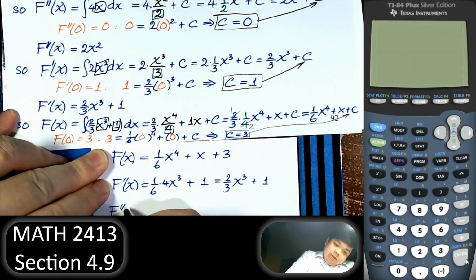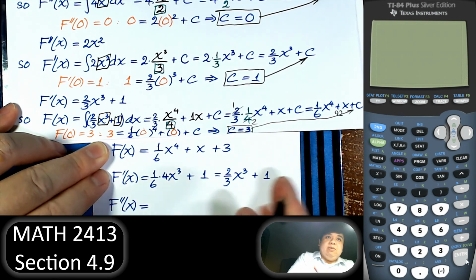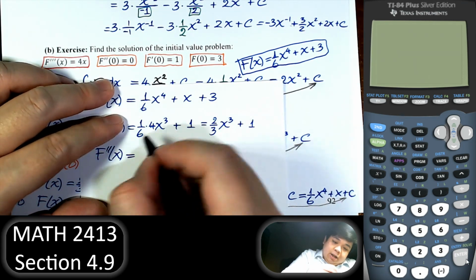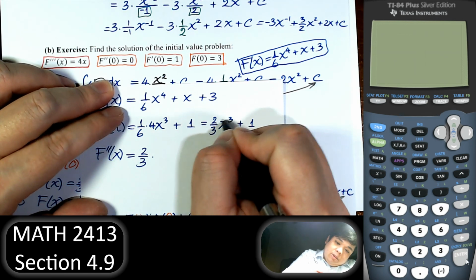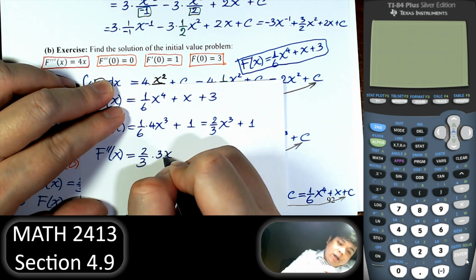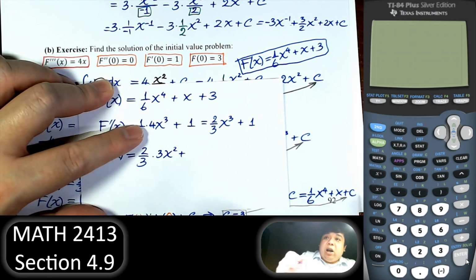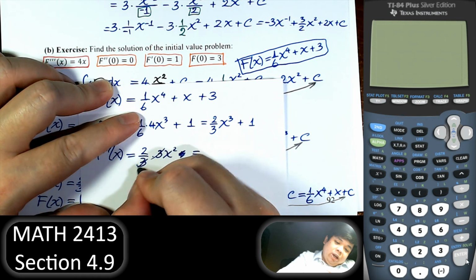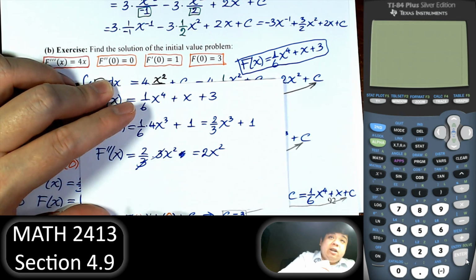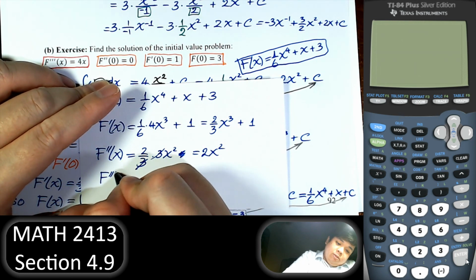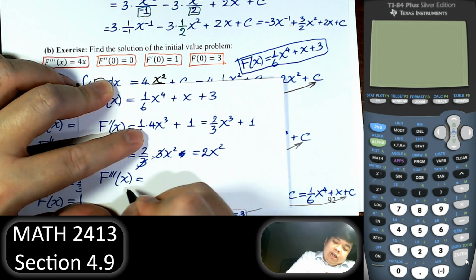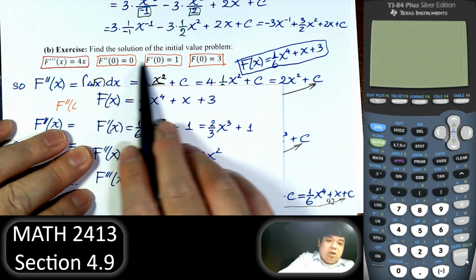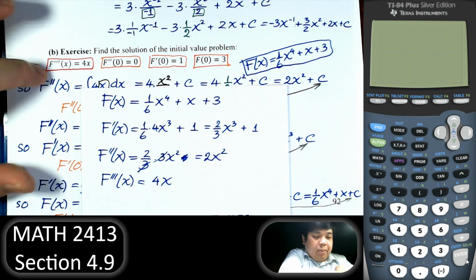Now take the derivative one more time, giving us the second derivative. 2/3 times 3x squared. The derivative of 1 is a constant, 0. 3 and 3 cancel out to x squared. And then take the derivative one more time. We have the third derivative equal to 4x. And of course that is consistent with what we have here.